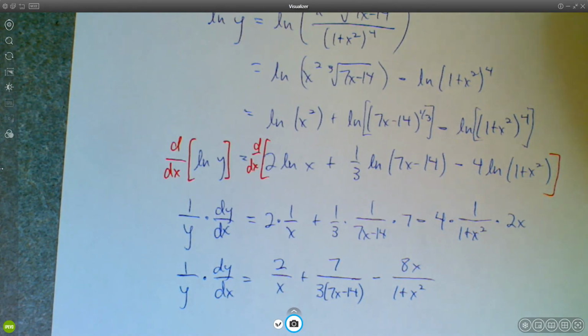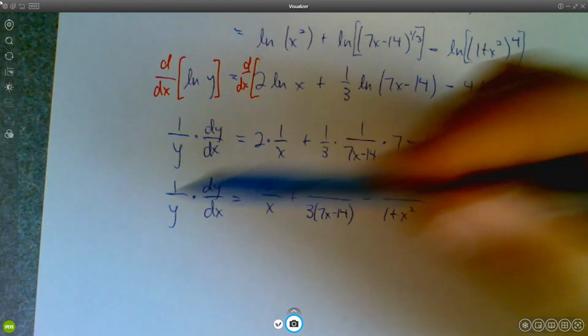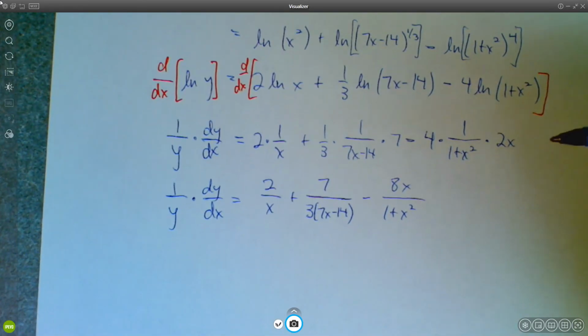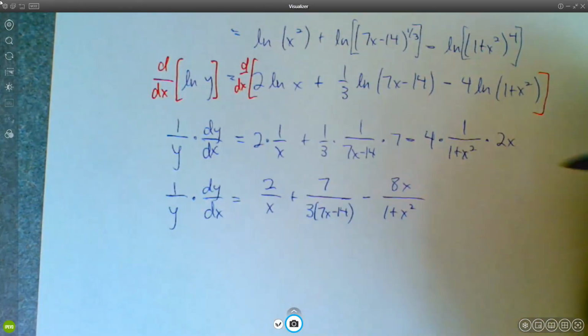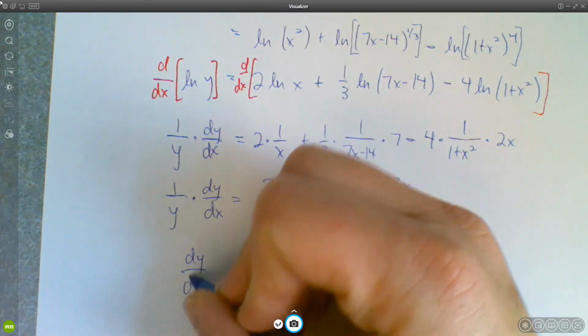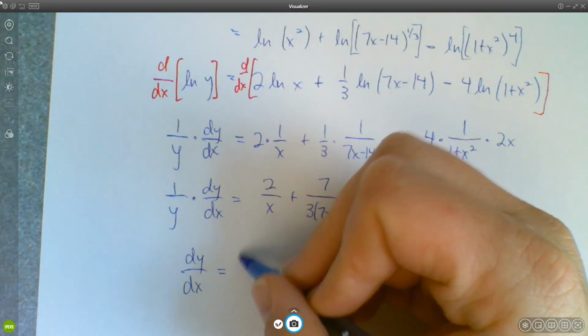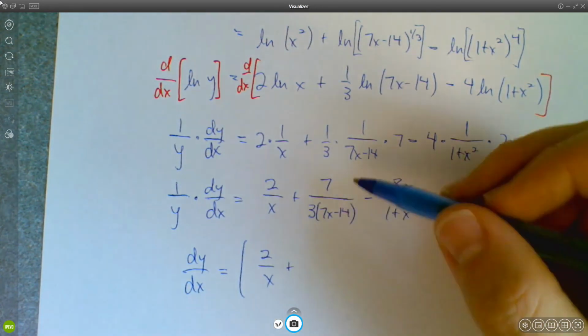Now we want to find dy/dx though. So what we've found right now is 1 over y times dy/dx. To find dy/dx, we're going to multiply both sides by y. So dy/dx equals 2 over x plus, now here I'm going to cancel off the 7's.